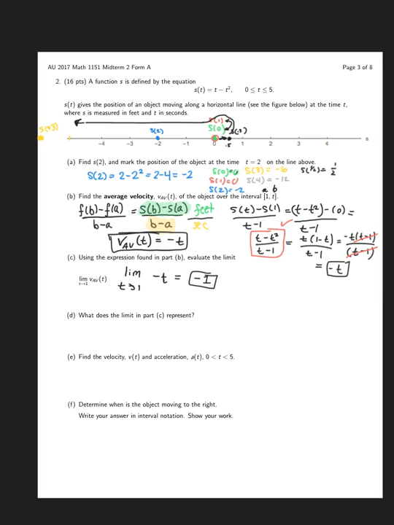Now, I'm trying to think of the best way to interpret this, if I were the person grading your exam, and what I imagine is being asked for here is for students to recognize that t is approaching 1, and in our interval up here, we have the interval from 1 to t.